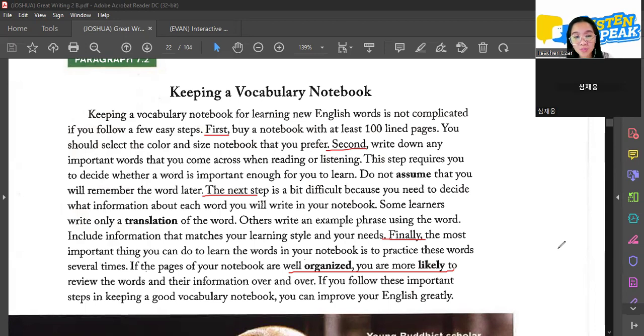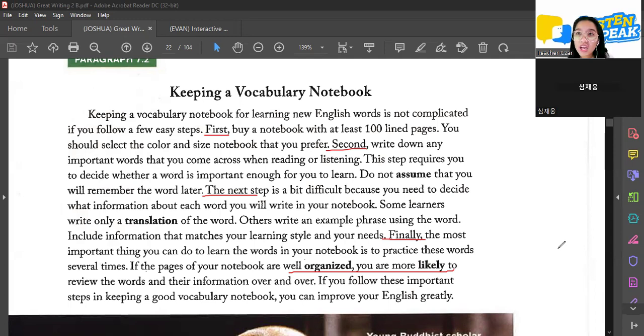Next is to decide what information to write with those words in your notebook. And finally, the most important thing you can do is to learn the words in your notebook and practice those words several times.